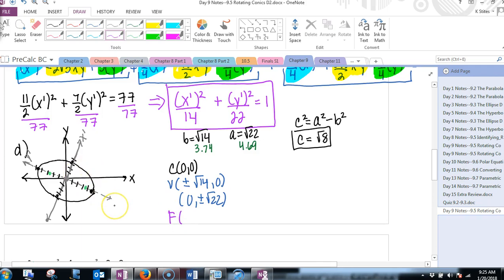Again, up and down along the y prime axis, so that would be 0 plus or minus root 8. And that is part D. That is everything that you need to show for an ellipse. Okay. Let me just make sure there's nothing else I wanted you to do. Nope, that's it for part D anyways.